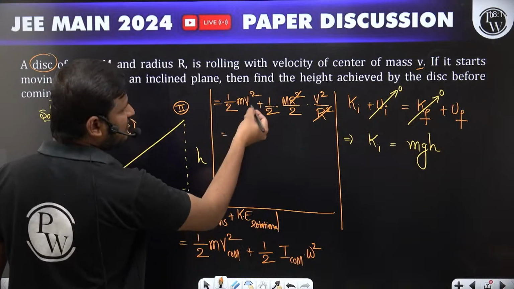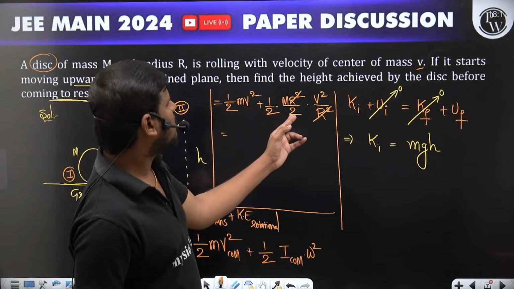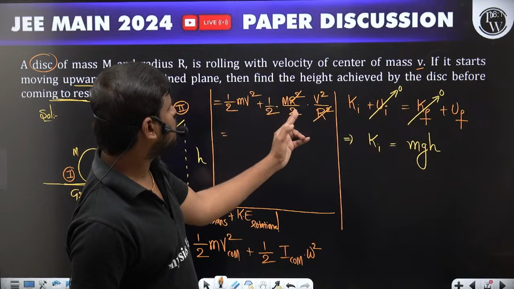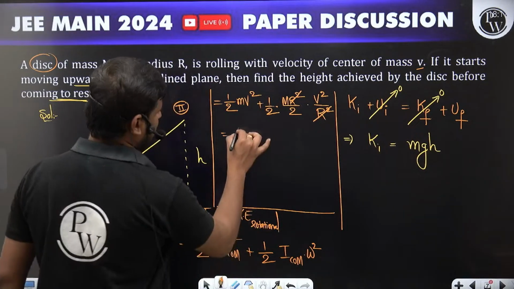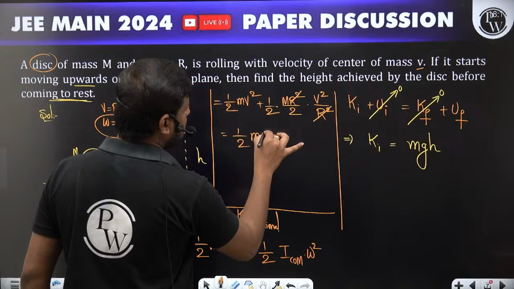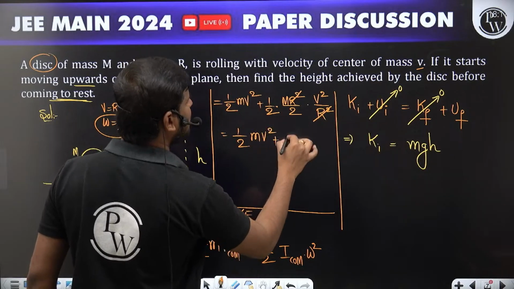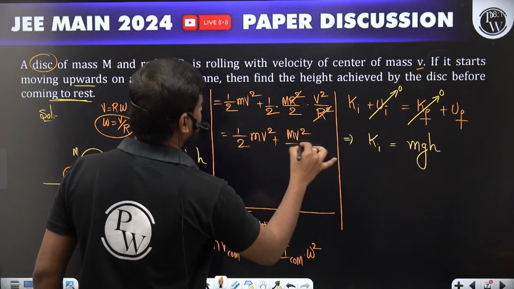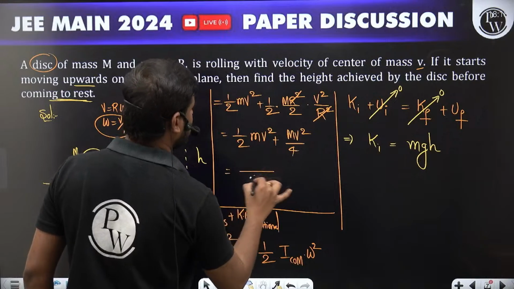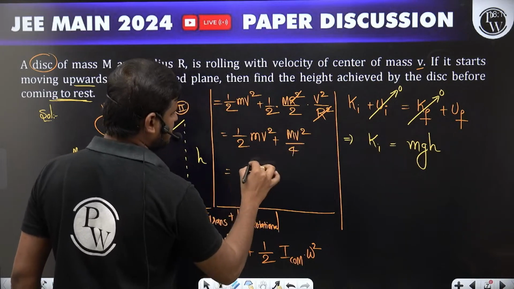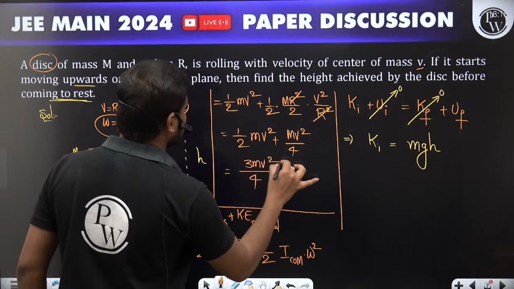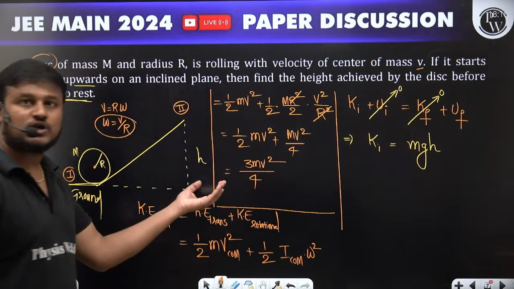So this is half m v square plus m v square by 4. So 2 plus 1 is 3. So 3 m v square by 4 is the total kinetic energy.